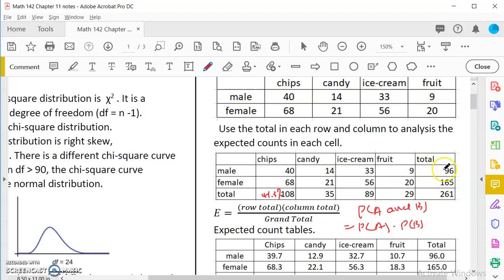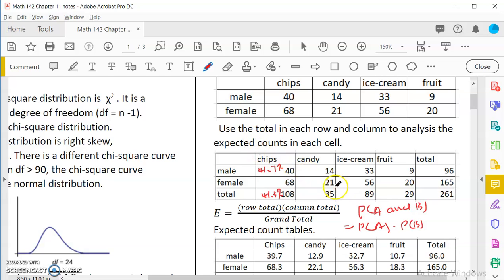But given that it's a male, 40 out of 96 choose chips, which is very close, 41.7%. So for chips and male, they seem to be really close. Although they're not exactly the same, there seems to be independence, right? Whether you are male or not doesn't affect your choice of choosing chips.